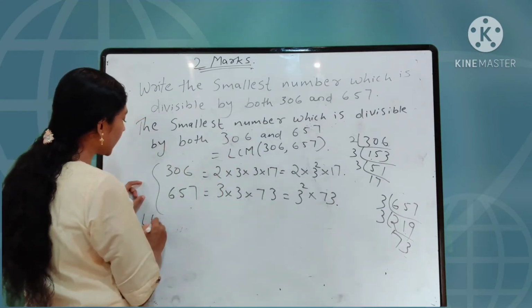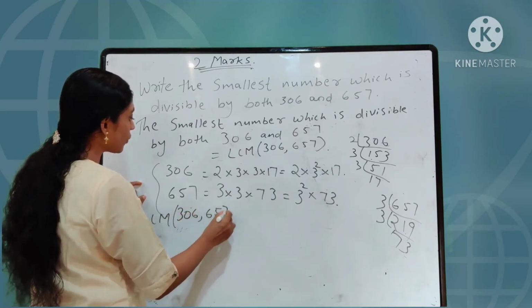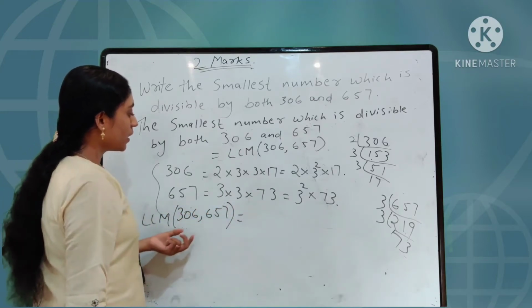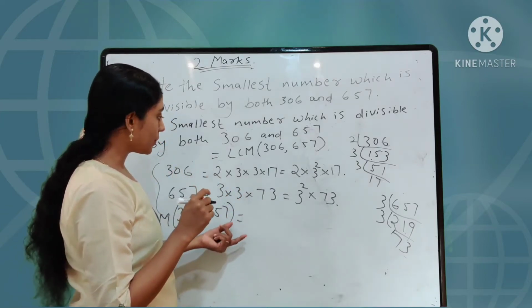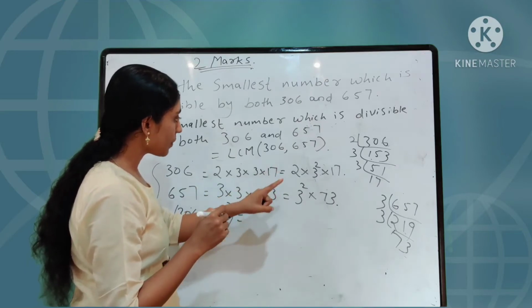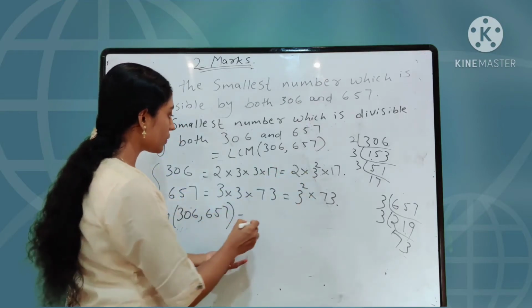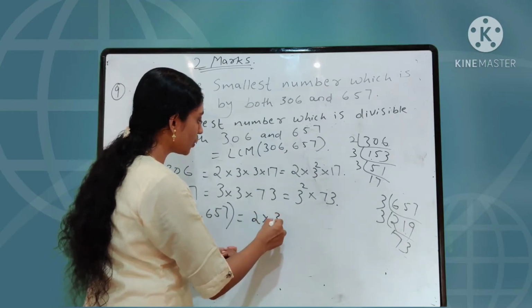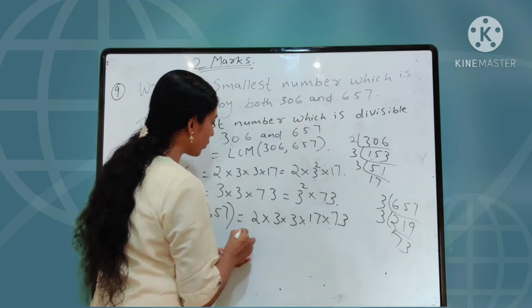Now we have to find the LCM of these two numbers. To calculate the LCM, the highest power of each prime factor is taken. The highest power of 3 is 3 square, here also 3 square. So 2 into 3 into 3 into 17 into 73 is the LCM of these two numbers.